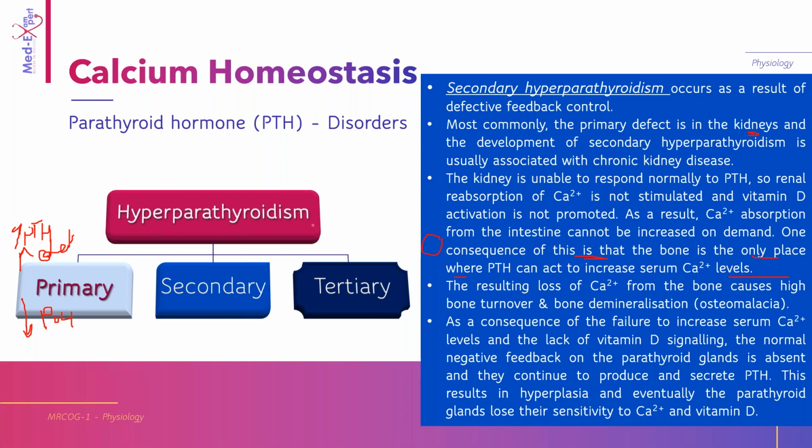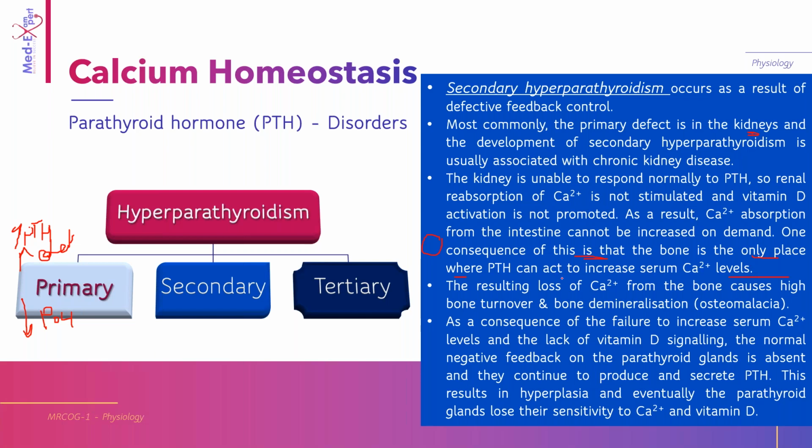Because here the kidney is unable to respond normally to the parathyroid hormone. So renal reabsorption of calcium will not be stimulated, and vitamin D activation will not be promoted, so calcium will not be reabsorbed from the kidneys or absorbed from the intestine due to vitamin D deficiency, because vitamin D is not activated. So the only way to increase the calcium level is the bone here.